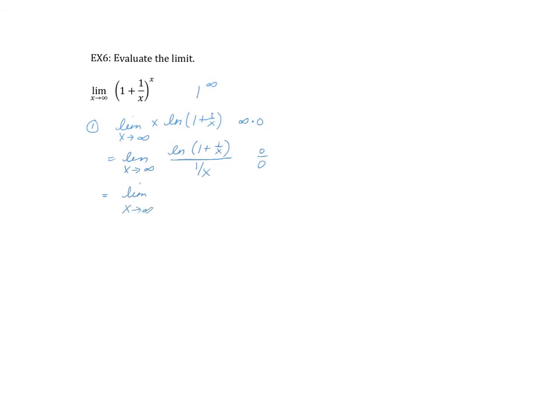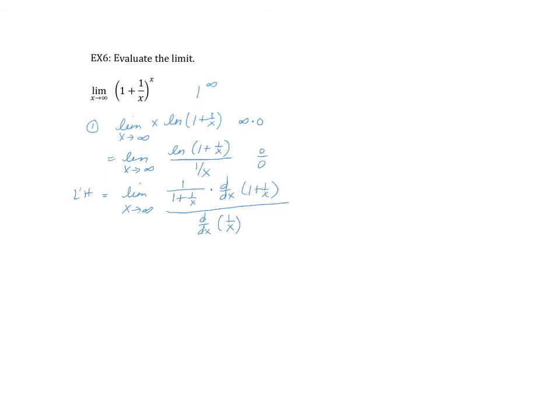Okay, so what I'm going to do is, I noticed something about taking the derivative of this argument and the derivative of the denominator. Okay, so when I take the derivative of the natural log, it's going to be 1 over 1 plus 1 over x times the derivative with respect to x of the argument, which is 1 plus 1 over x. Okay? And instead of just writing down the derivative in the denominator, I'm going to write down the derivative with respect to x of 1 over x.